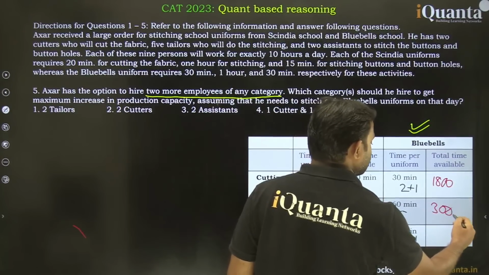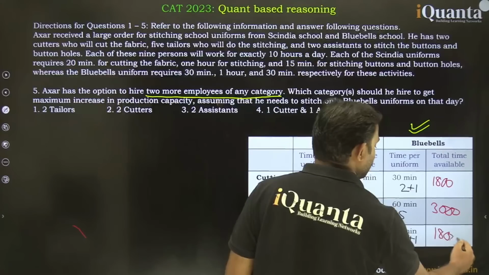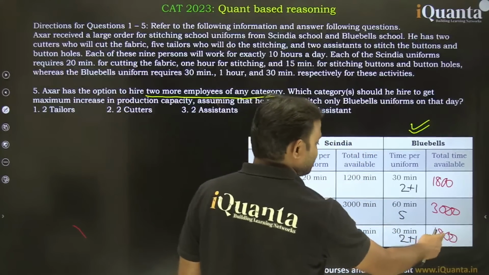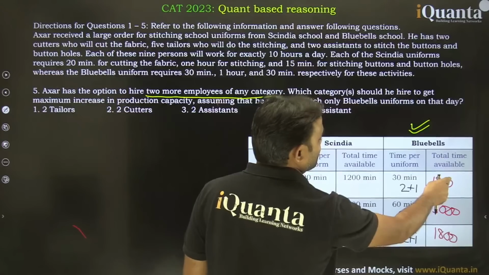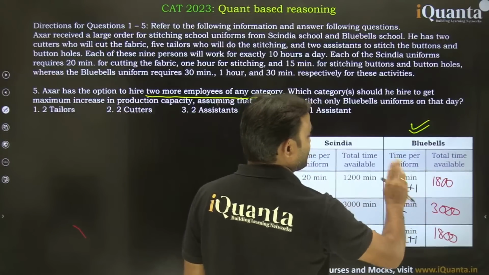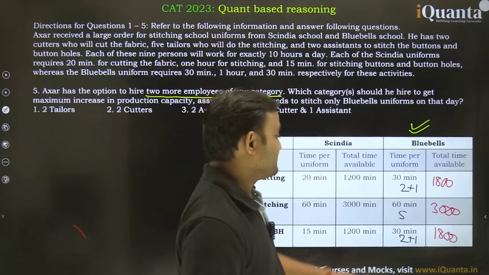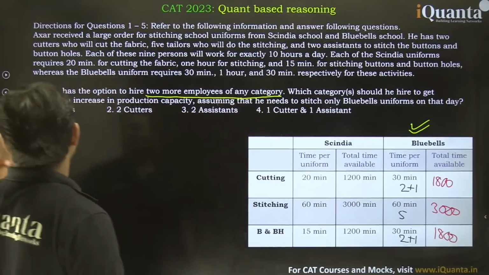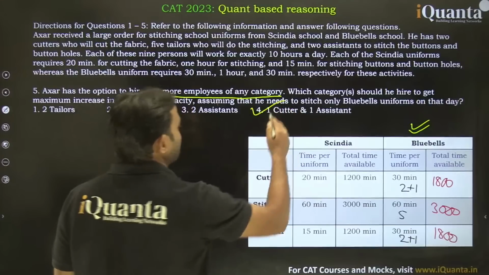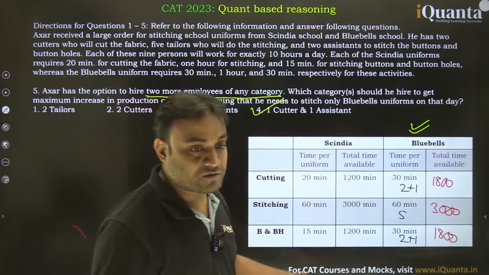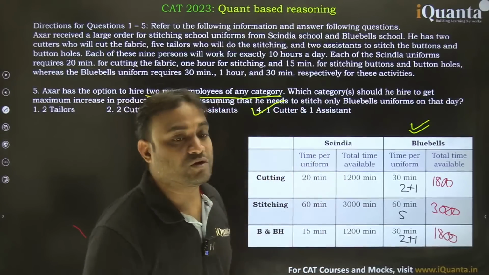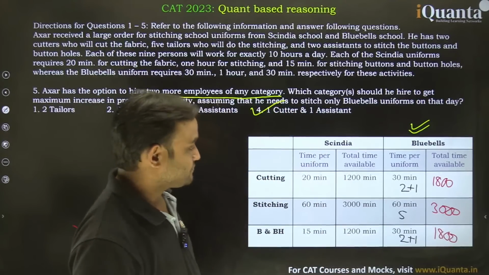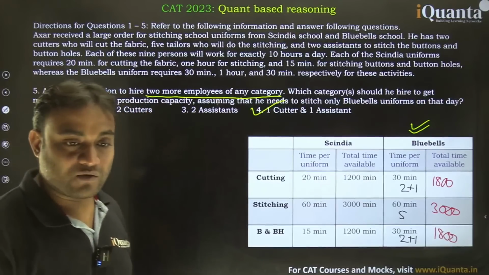This will remain the same, which is 3000, and this will be also 1800. So they can now cut 1800 upon 30, which is 60 dresses. Okay, but these are 50. So 50 in this case. So answer is 4th. But it was not about how many dresses, it was about where we need to distribute these 2 employees. Okay. So 1 cutter and 1 assistant.